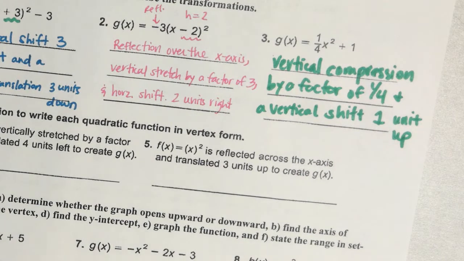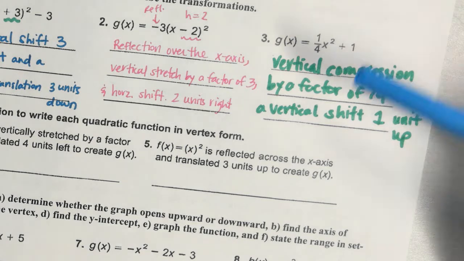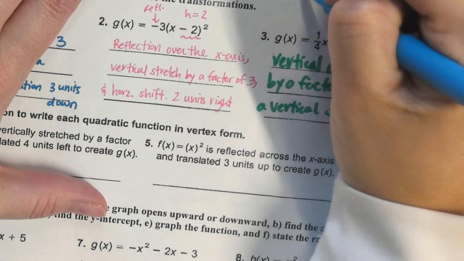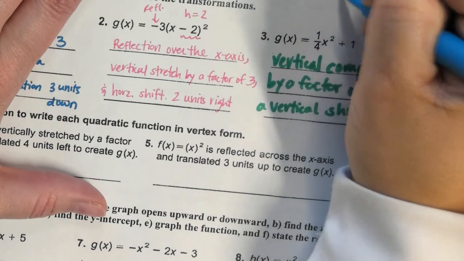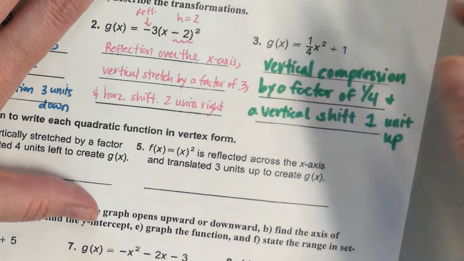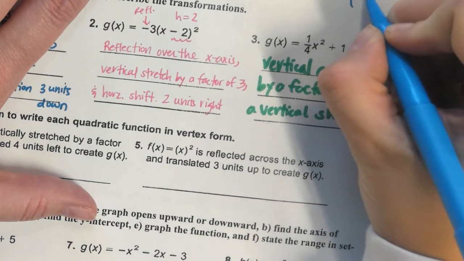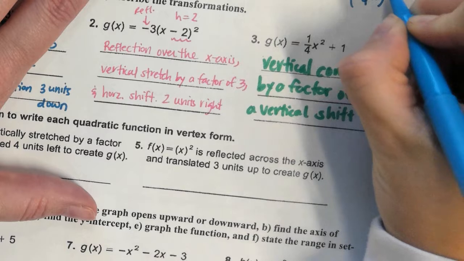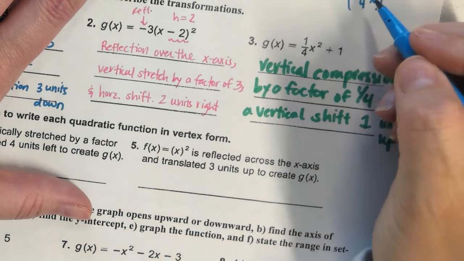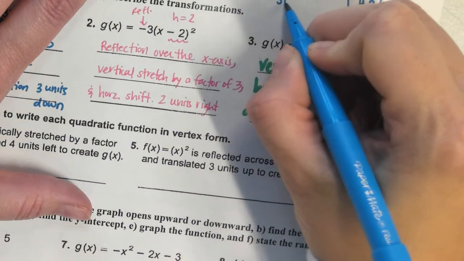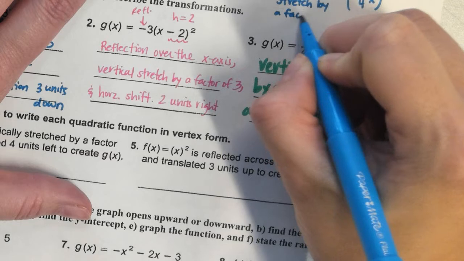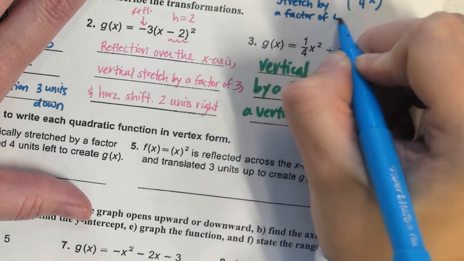Okay. And then again, if this was horizontal, let's say if you had a horizontal stretch or compression, it would be inside. So if you had 1/4 x squared like this, okay, this is an example of a horizontal stretch by a factor of 4.